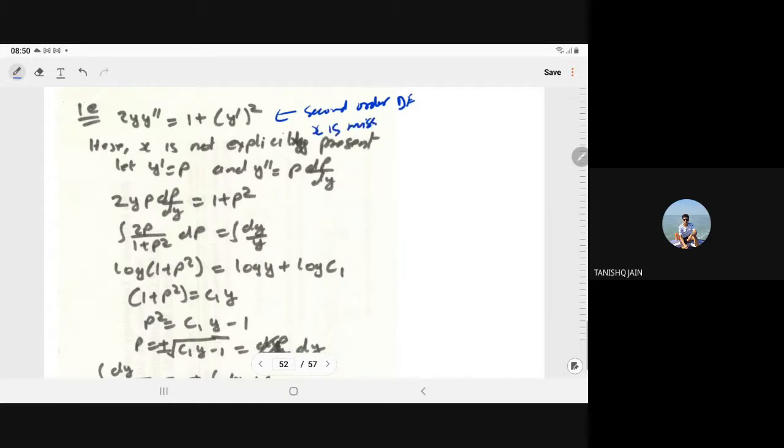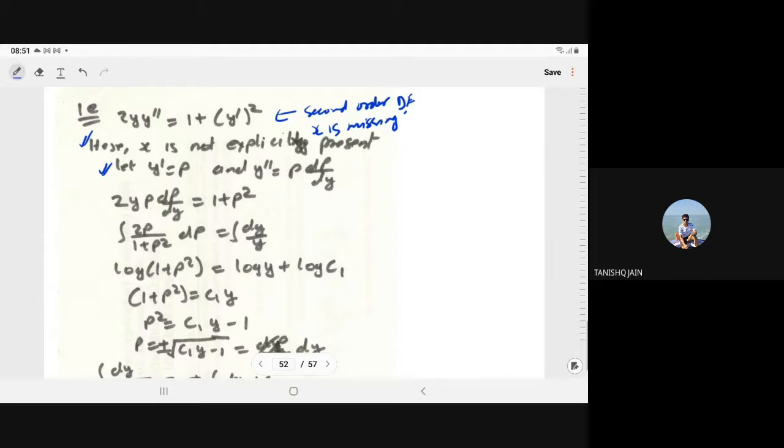There is no explicit expression of x. So in that case, as I have told you, we assume y dash is equal to p, so y double dash will become p into dp upon dy.